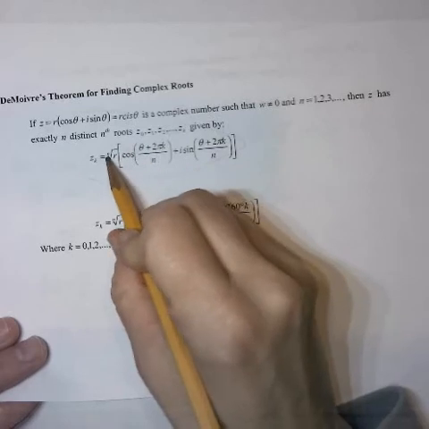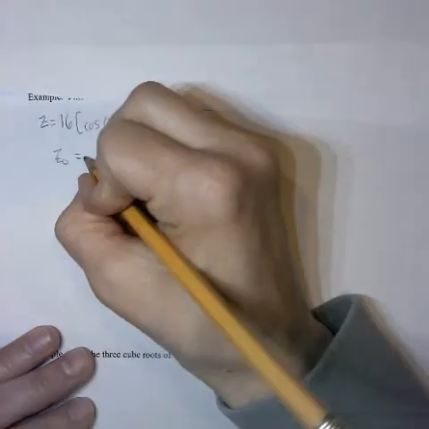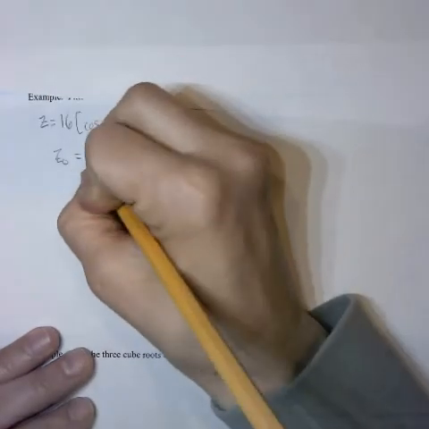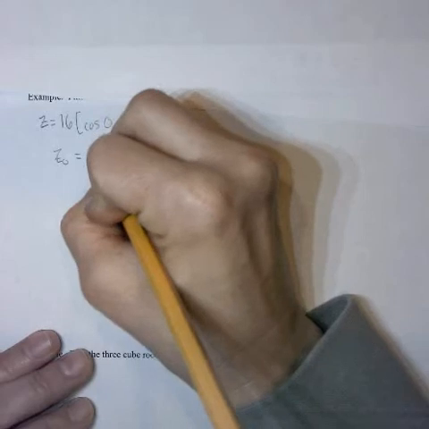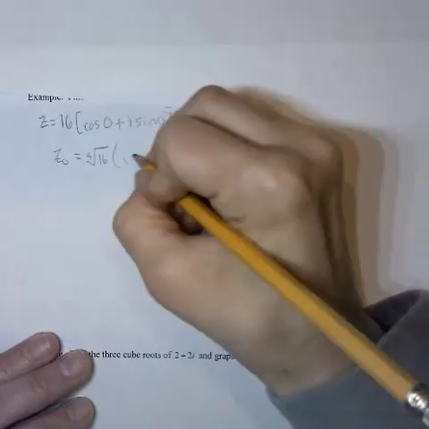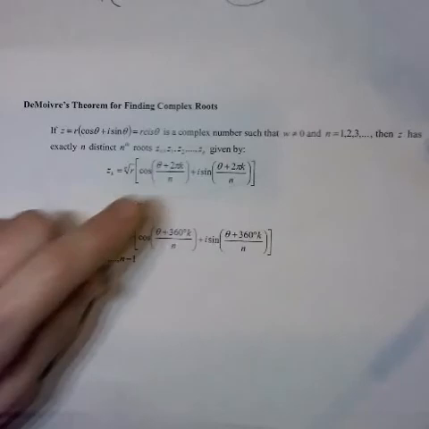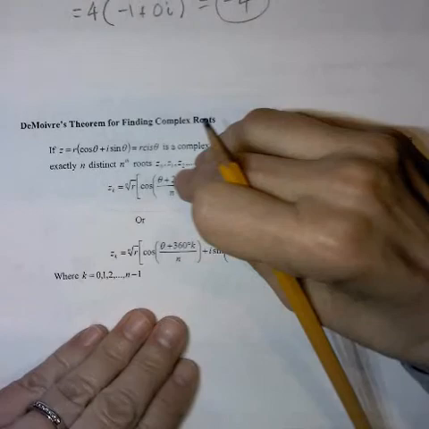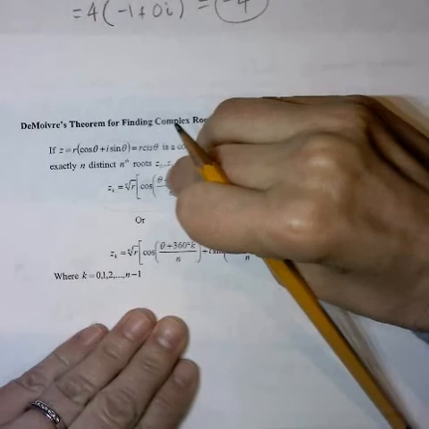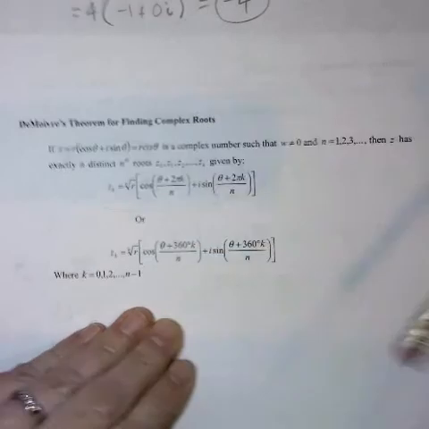So the nth root of r becomes the fourth root of 16. And then cosine of theta over n, because theta is 0, so in the first one k is 0, which is 0 over 4 in this case.